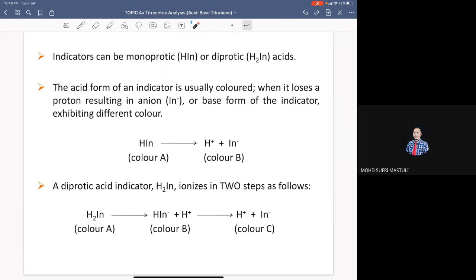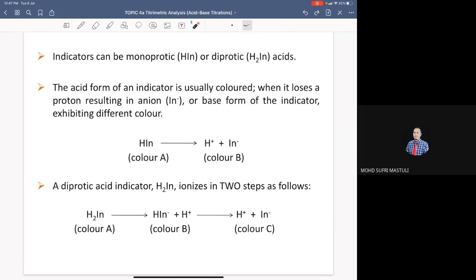Okay, an indicator can be monoprotic or it can be diprotic. As you can see, a monoprotic acid has only one proton. A diprotic acid indicator contains two protons. The acid form of the indicator is usually colored. When it loses the proton, resulting in an ion, this form of the indicator exhibits another color.